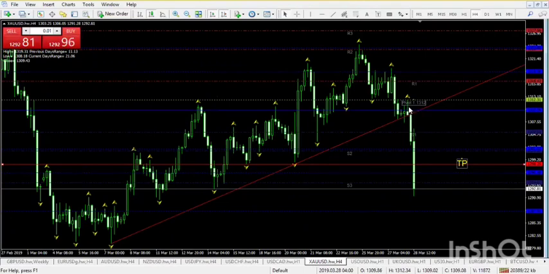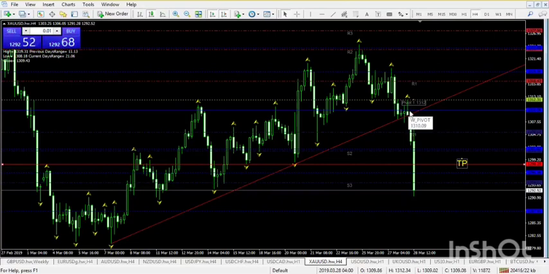But then it declined. I saw that it was weak. This candle had to cause an upward movement immediately, but it couldn't do that, and I saw that it had touched this area. So I exited and started selling. I lost a little bit of money, but after that I took the right order.